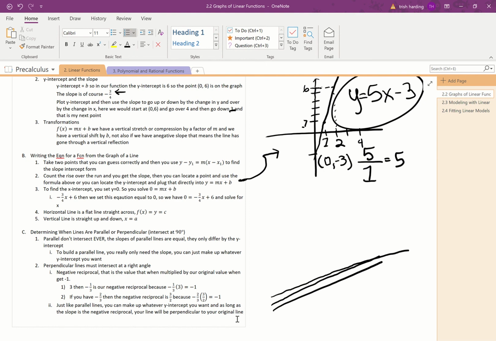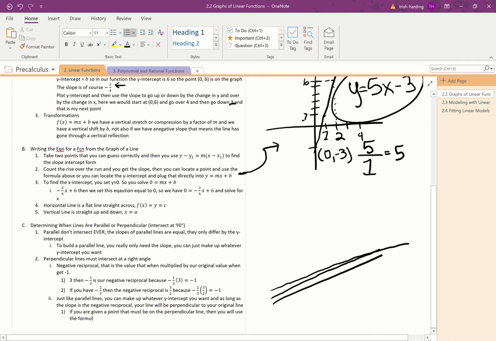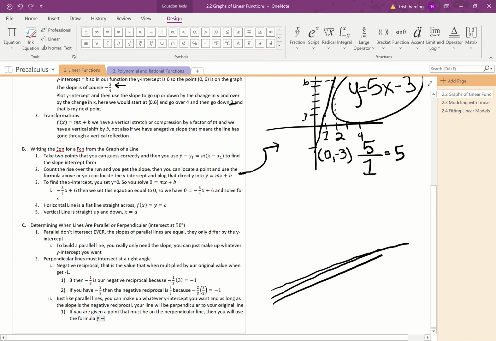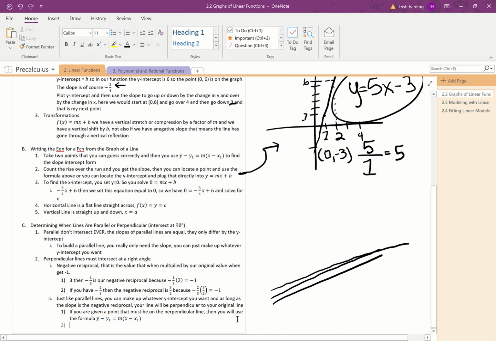Now here is another one. If you are given a point that must be on the perpendicular line, then you will use the point-slope form, y minus y sub 1 equals m times x minus x sub 1, to find the slope-intercept form of the line.